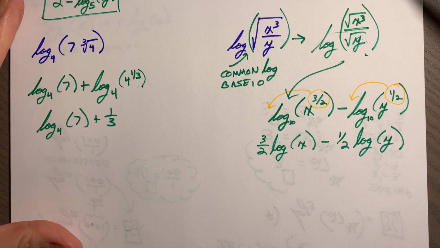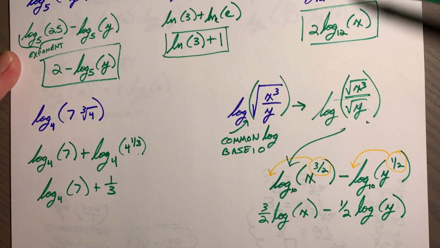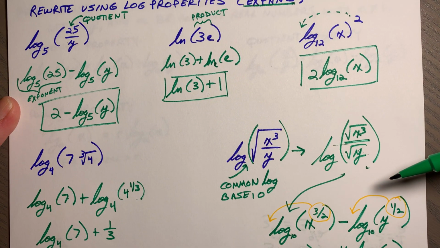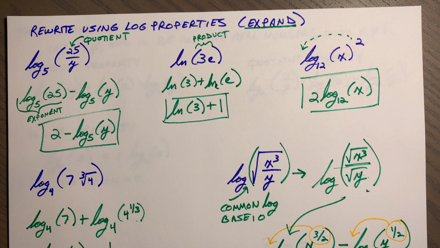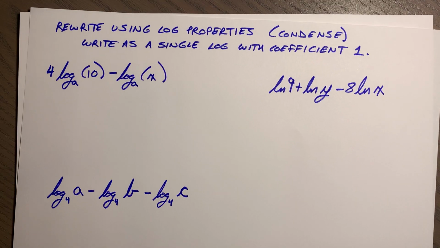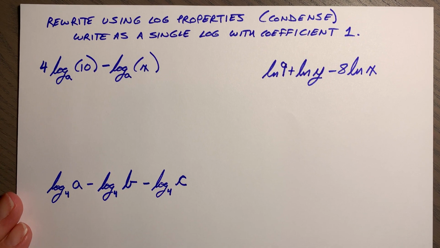So we have been using our log properties to do these expansions. Now we also can use the log properties to condense. So here's an example, or some examples that we can rewrite.